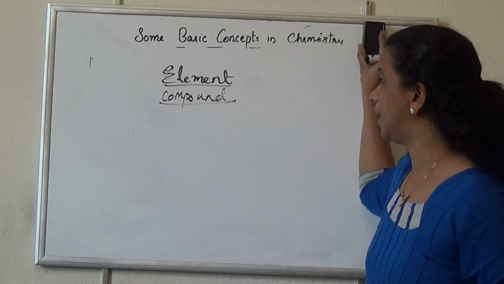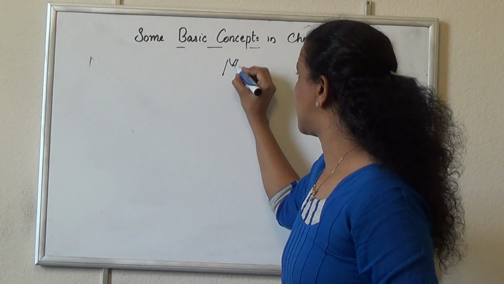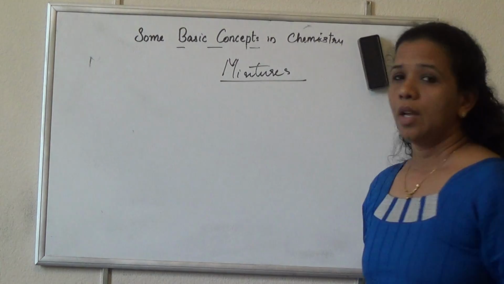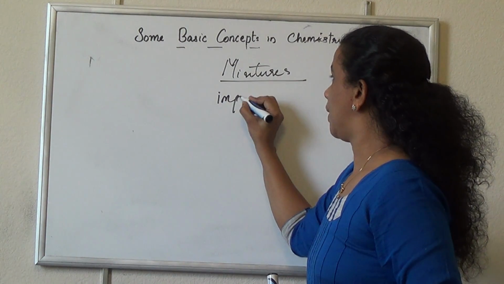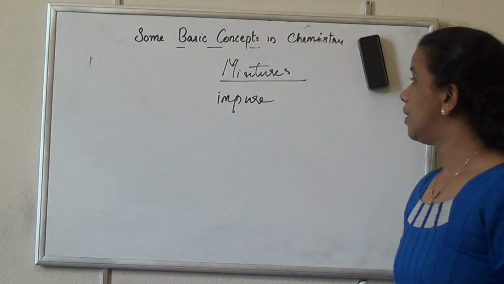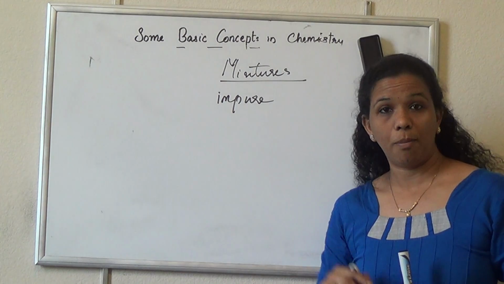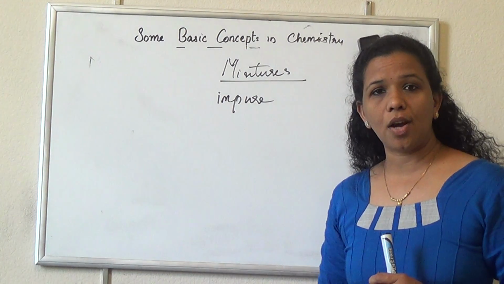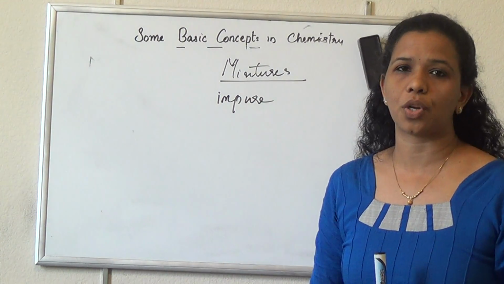that is the impure form of matter, called mixtures. Mixtures are impure. What is meant by impure here? Because it contains more than one element. Compounds also contain more than one element, but there is a chemical combination there, but here there is no such combination.